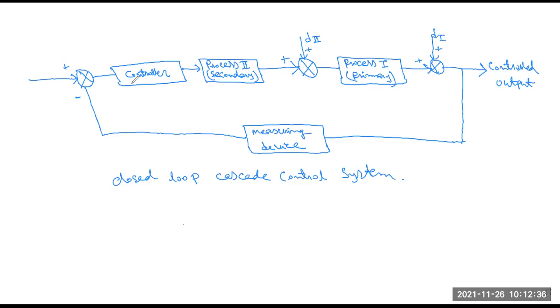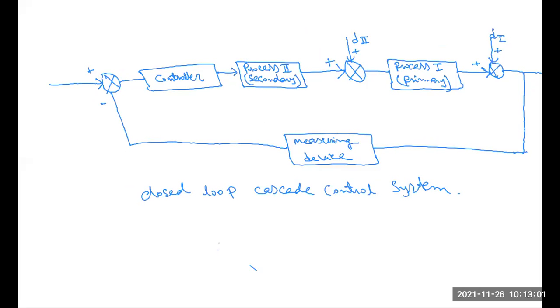This controller part controls the overall process, that is process 1 as well as process 2. And one feedback loop we have to attach here, also a measuring device. In this measuring device, we have to set the particular goal or particular value from here. Then this is the feedback loop, which we have to control according to the process.